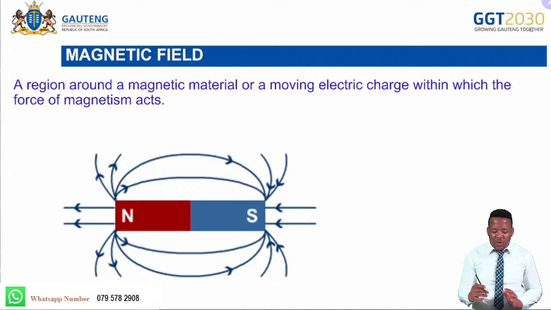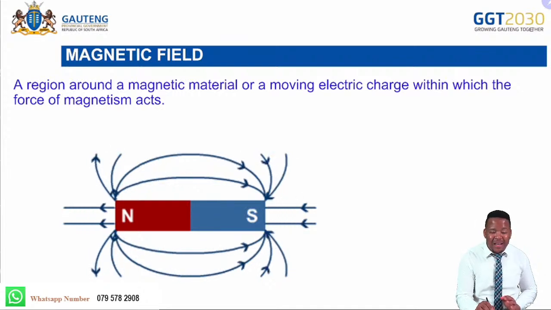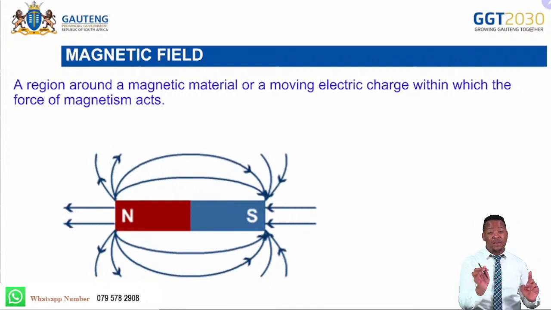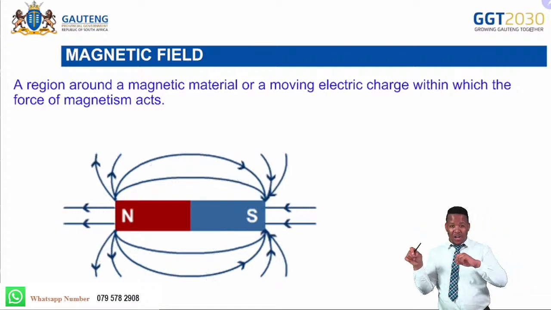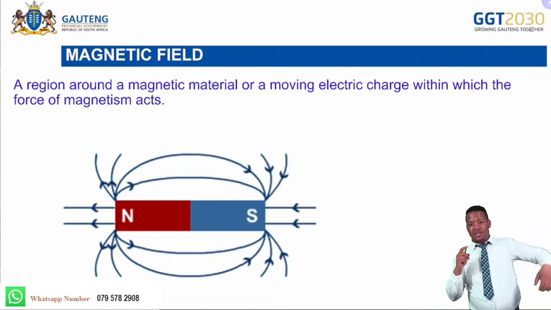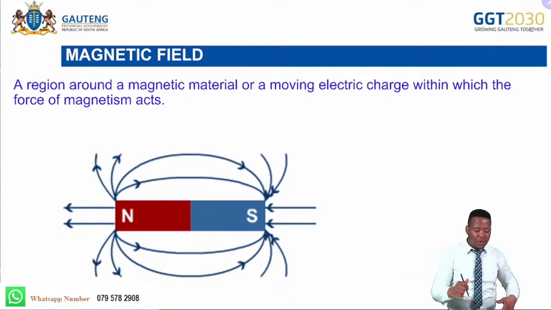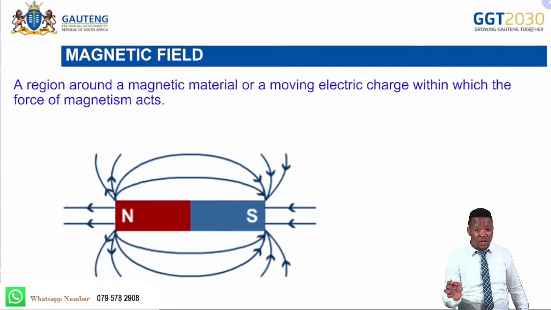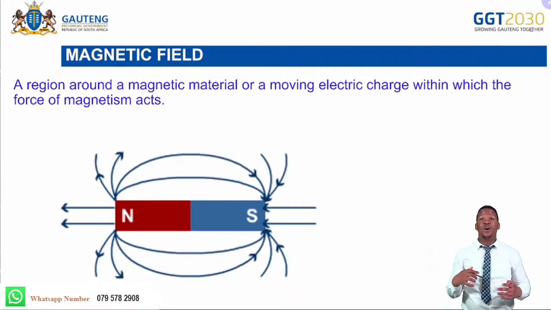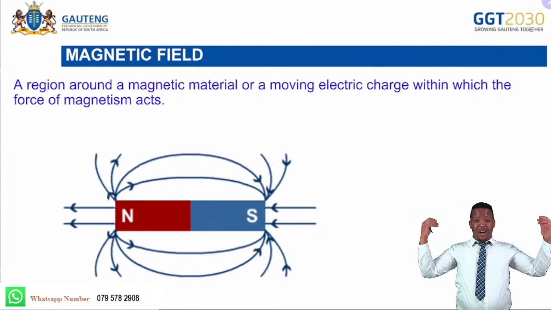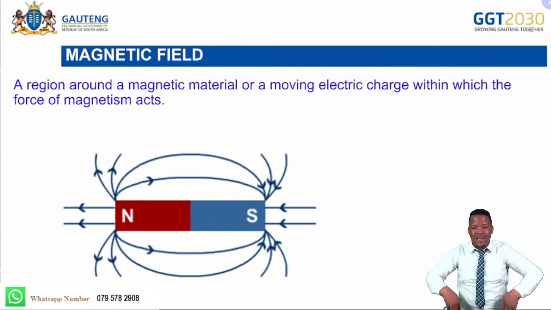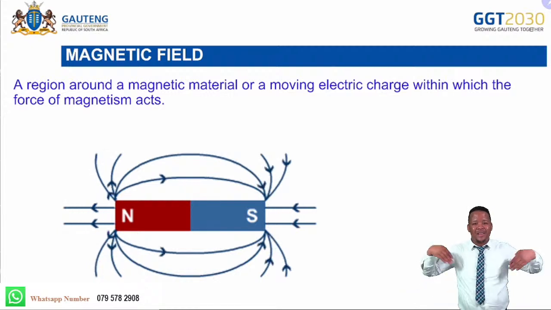It shows you that the magnetic field lines move from the North Pole to the South Pole. North out, south in, right? So always remember, north out, south we are in. At the south, the field lines are coming inside.